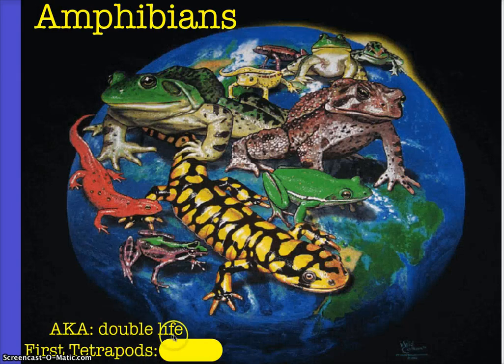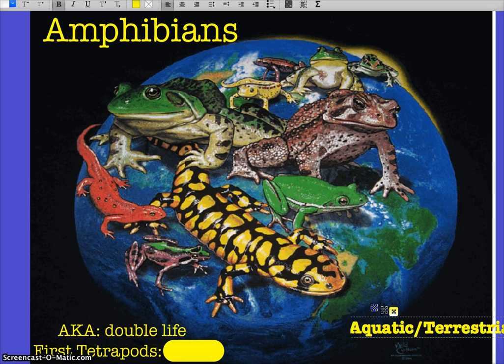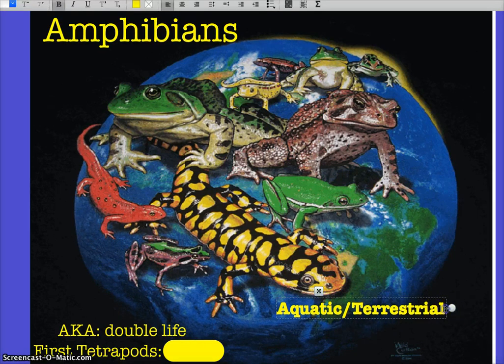Amphibians, they call them double life. Anybody know why? Think. Awesome. They call them double life because they could live both in aquatic and terrestrial environments. And what did you say, Deanna? Tadpoles.